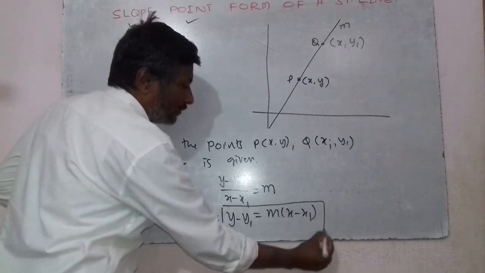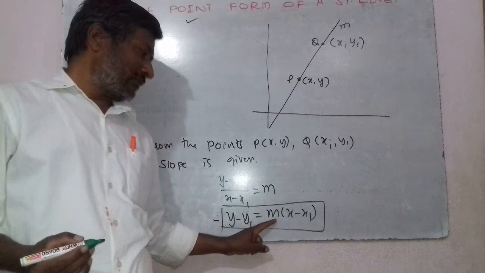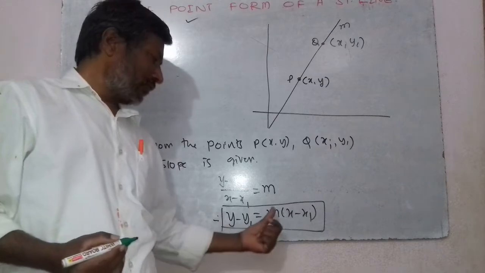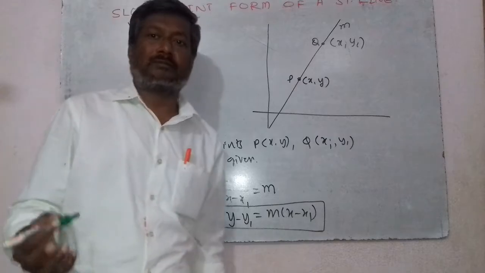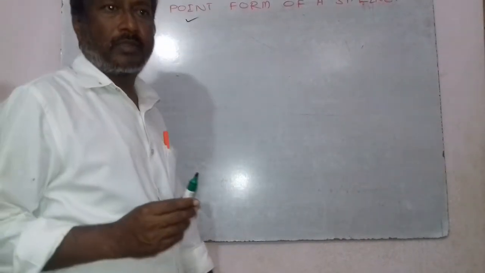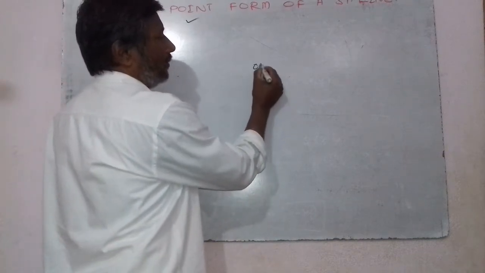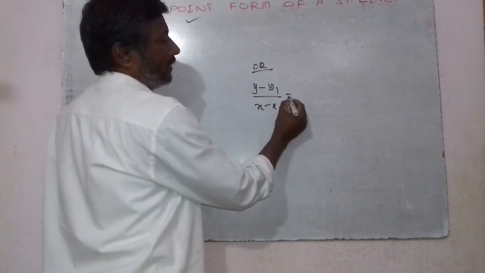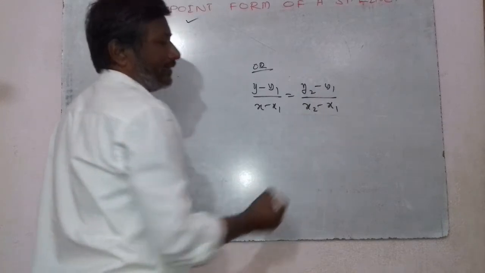So this one is known as the slope point form. Here m is the slope, and x1 y1 is the given point. So therefore the slope point form of the straight line is this equation. The same expression can be derived by using the 2-point form of the straight line, that is, y minus y1 divided by x minus x1 equal to y2 minus y1 divided by x2 minus x1.